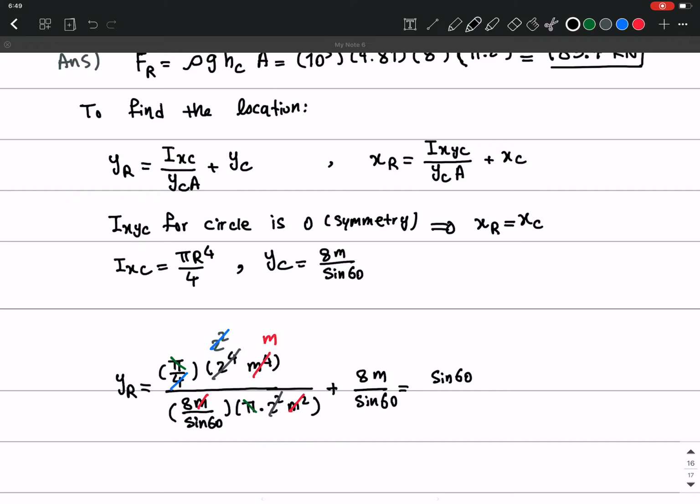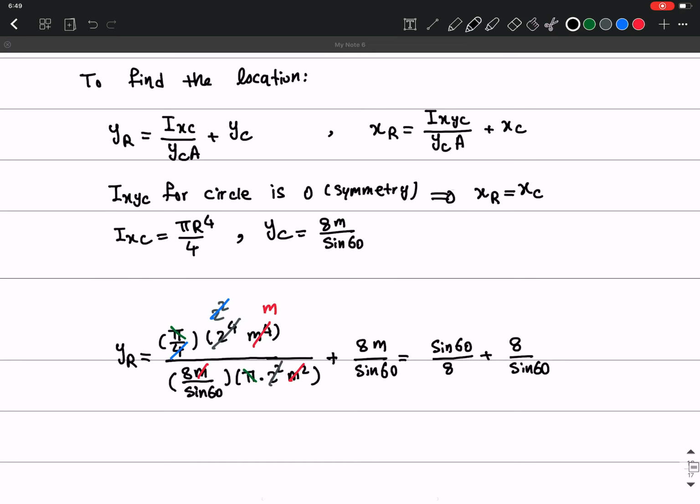We're going to have sine 60 over 8 plus 8 over sine 60, which is going to be, if you calculate, 0.108 plus 9.26, which is going to be 9.37 meter.